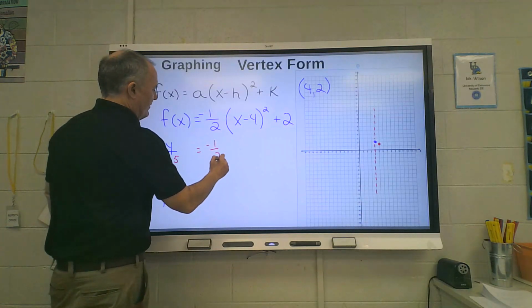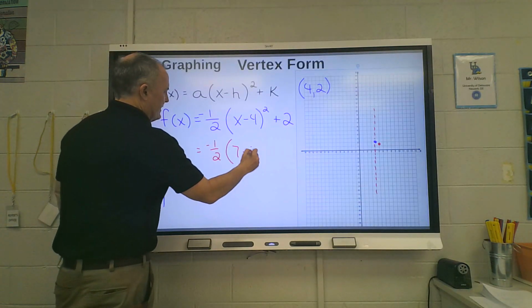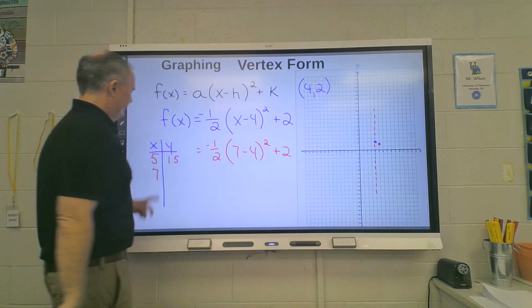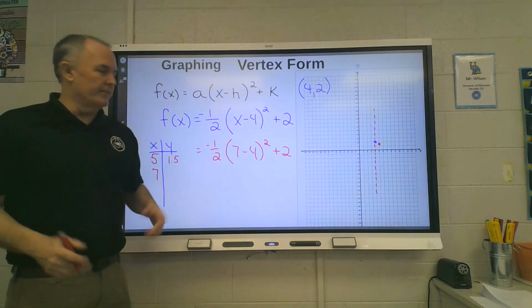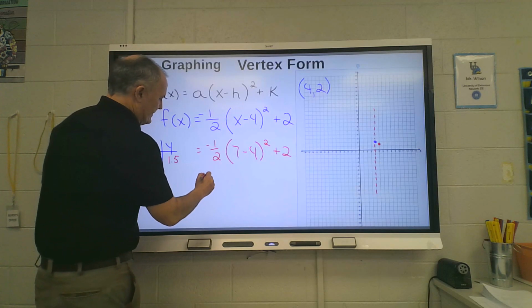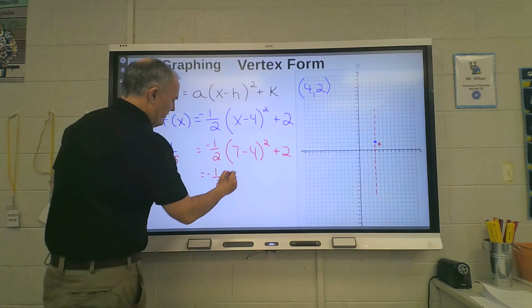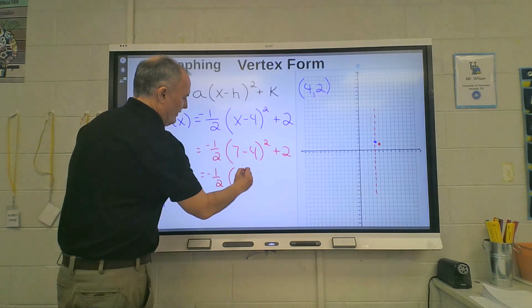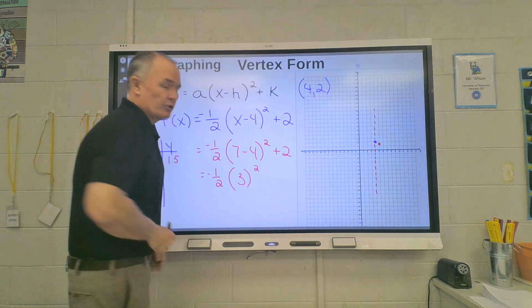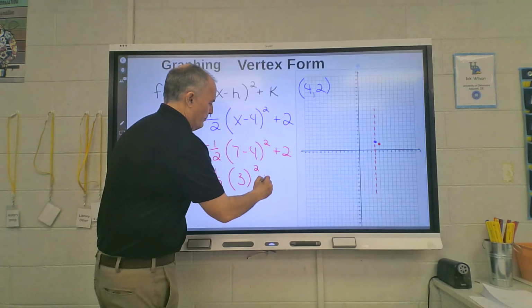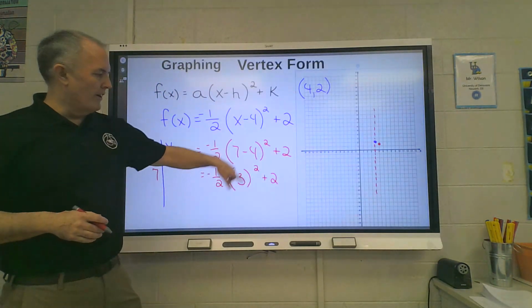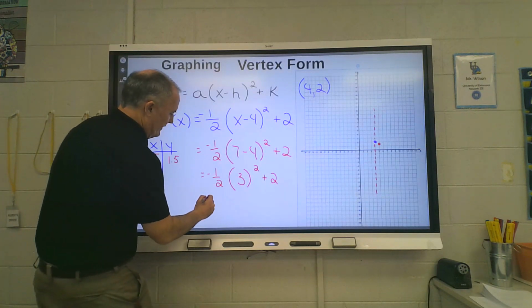Negative 1/2. Plug in my 7 minus 4, squared, plus 2. All I'm doing is plugging in a positive 7. Everything else stays the same. If I do what's inside the parentheses, I get 3. I still have my squared plus 2. If I square 3, 3 times 3 is 9.